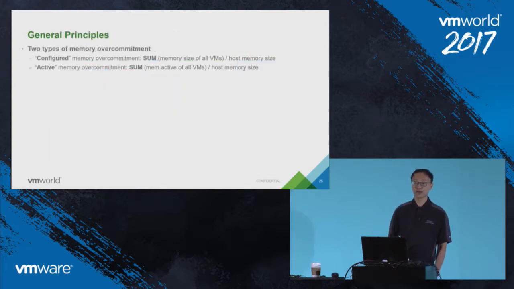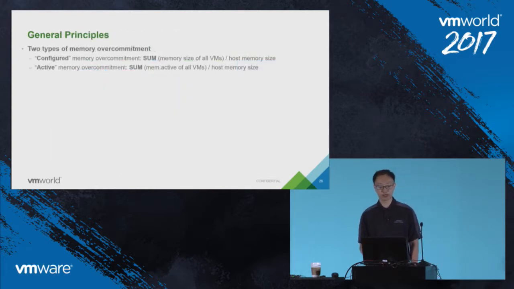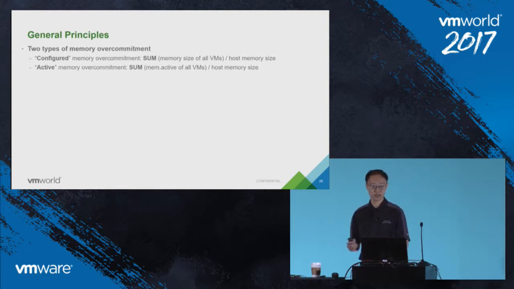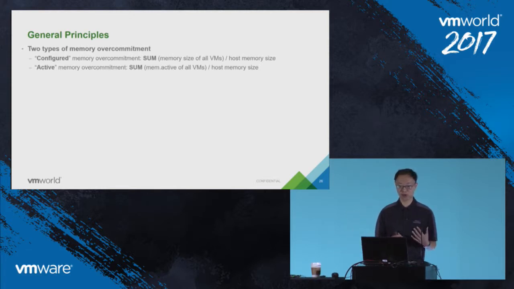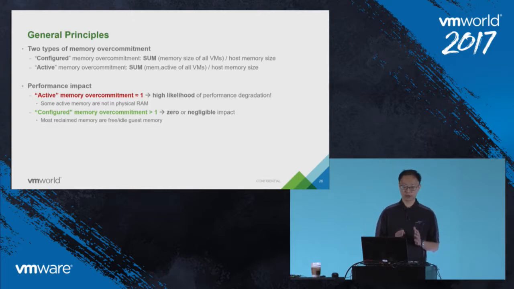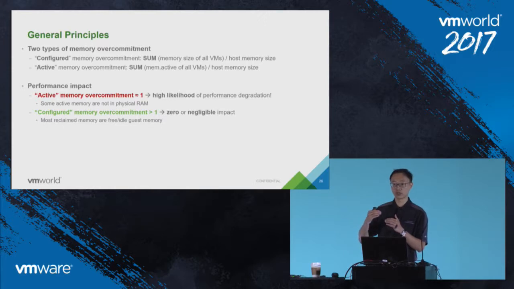Rule of thumb: there are two types of memory overcommitment. The first type is configured memory overcommitment, where you sum up the config size of all the VMs and compare it with the host memory size. The second is active memory overcommitment, which is the sum of the total actively used memory compared to the host memory size. If active overcommit reaches 1, we have a higher chance of performance degradation because you're right at the boundary where the memory scheduler tries page sharing, ballooning, compression, and swapping, which might hurt performance.